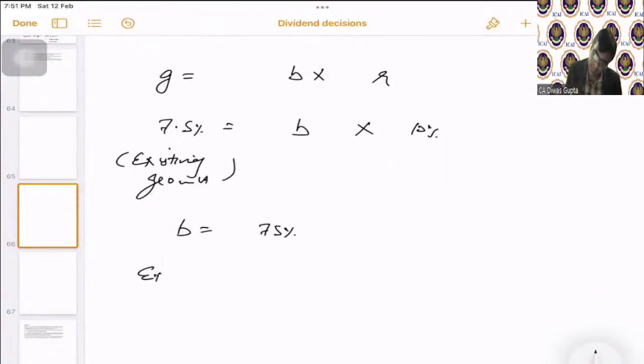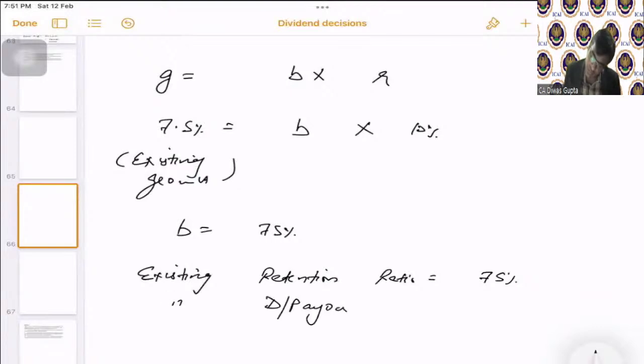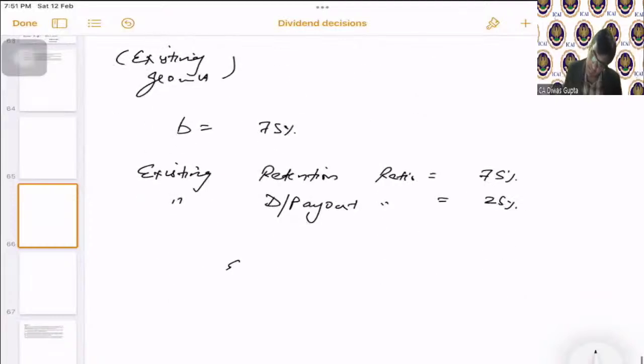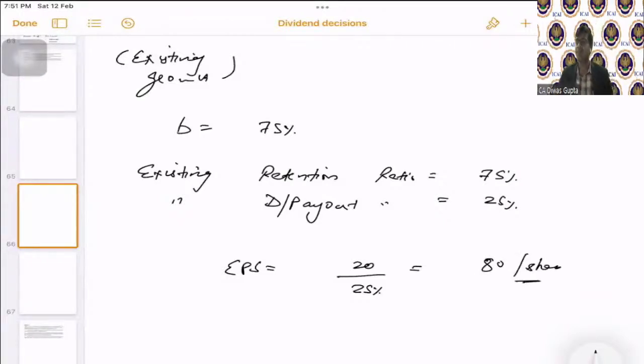So the existing retention ratio is 75%. That means the existing dividend payout ratio is how much? It is 25%. So the EPS is how much? 20 divided by 25%. That means 80 rupees per share is the EPS. Right, students?